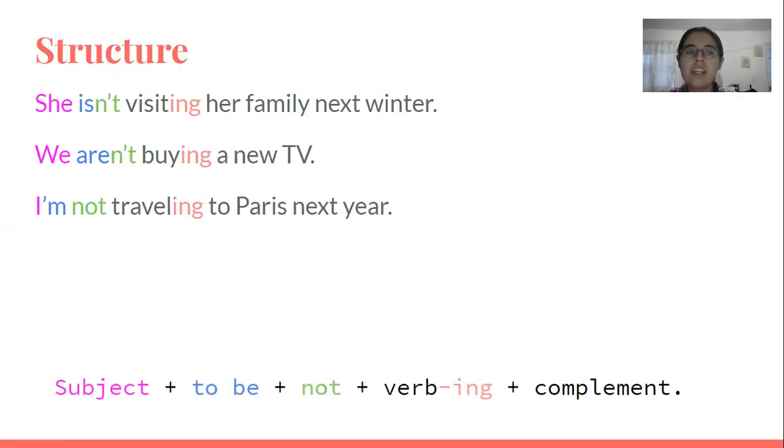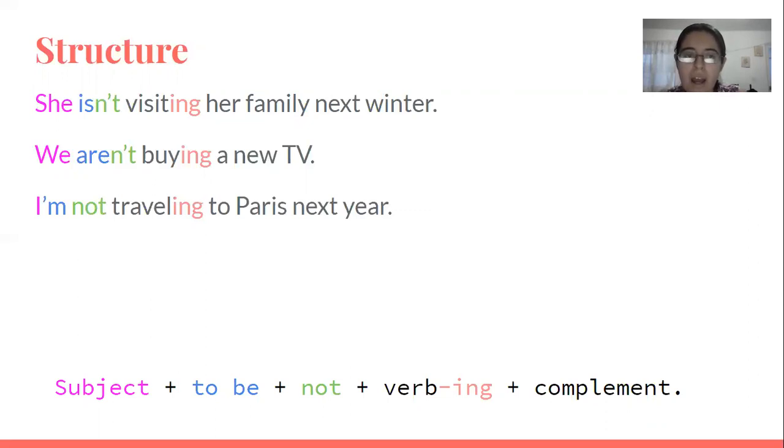It would be first the subject, then the verb to be depending on the subject, then the not, or the contraction, then the verb with ing, and the complement. That would be the structure for the present continuous for the future.